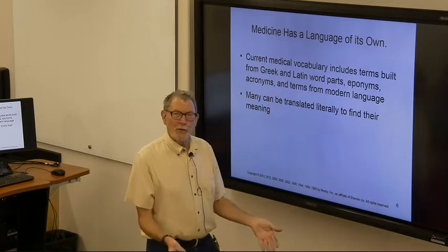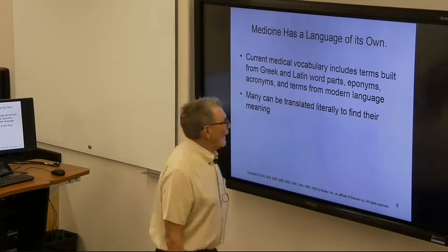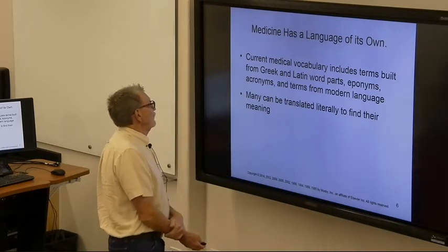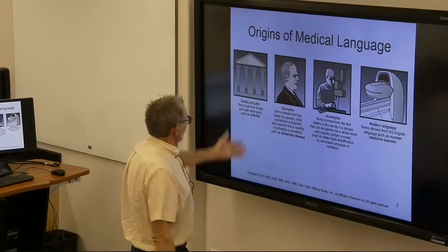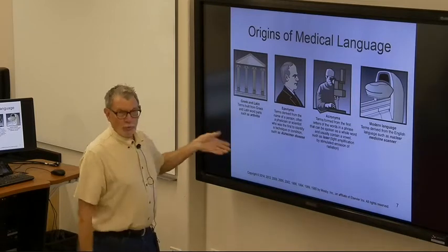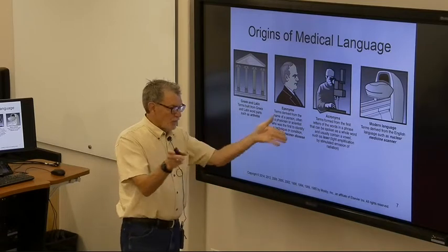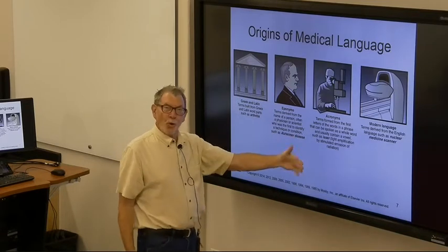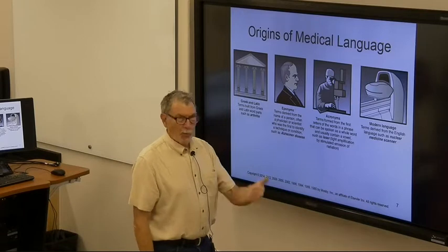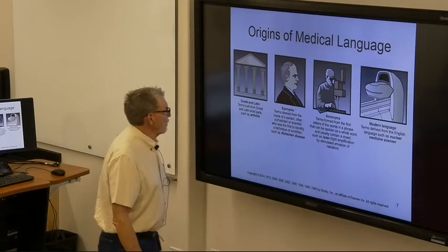We'll think they're common words when they're really not. They're actually Latin-based. So we build terms with Greek and Latin word parts. You stick the pieces together to tell the story of the body part, the disease, the condition.